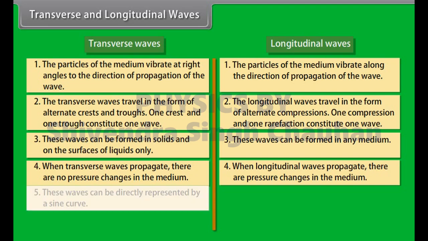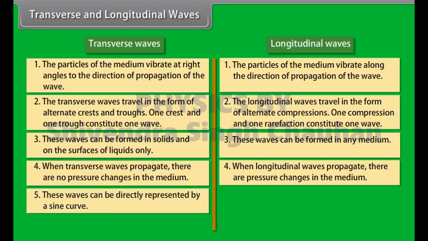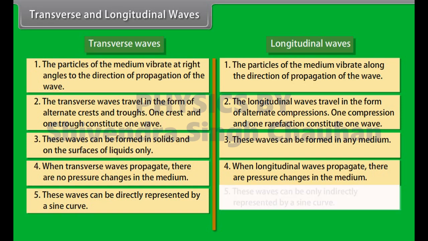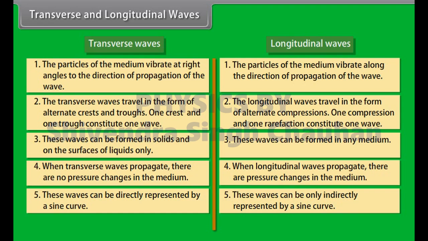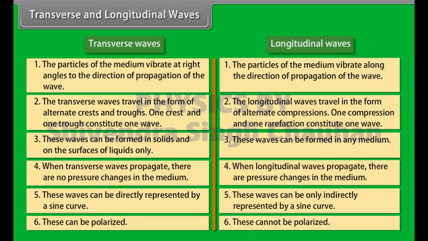Number 5. Transverse waves can be directly represented by a sine curve, whereas longitudinal waves can be only indirectly represented by a sine curve. Number 6. Transverse waves can be polarized, whereas longitudinal waves cannot be polarized.